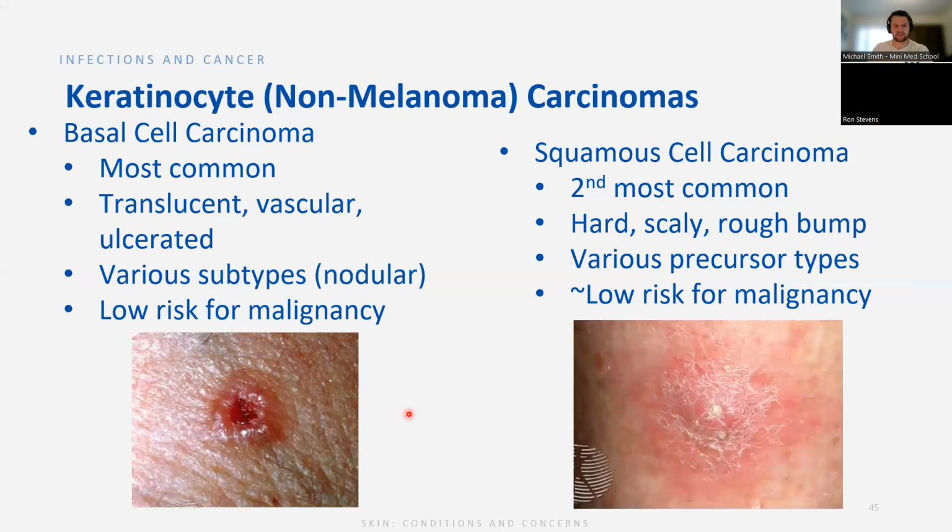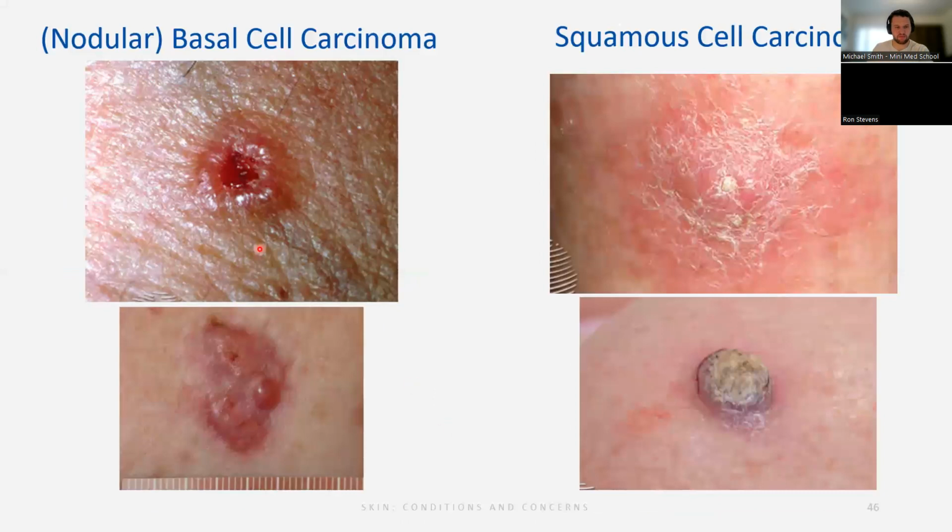I know these are a bit hard to see and fully appreciate for a skin cancer talk, so I've provided more examples here where they're a bit more zoomed in. And as you can see with the basal cell carcinoma, they're translucent, vascular, and ulcerated, and that's another presentation of it. It looks slightly different, but when looking at the common characteristics, that was what we're trying to identify.